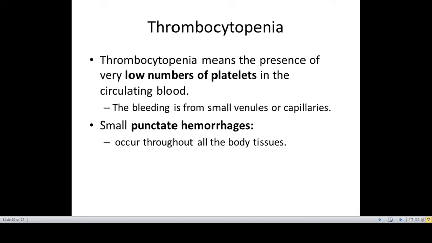In individuals with thrombocytopenia, the bleeding is from many small venules or capillaries rather than from larger blood vessels, as in hemophilia. As a result, small punctate, meaning pinpoint, hemorrhages or bleeding points occur throughout the body tissues.